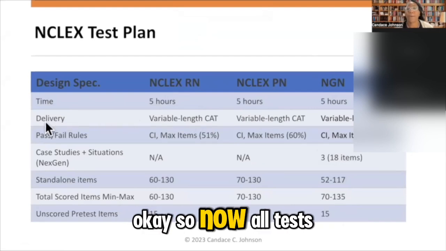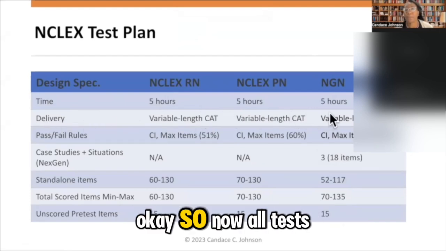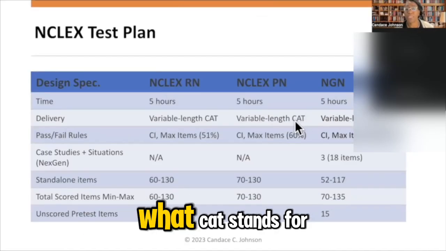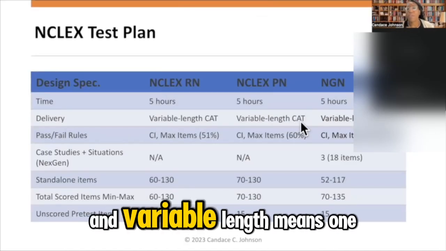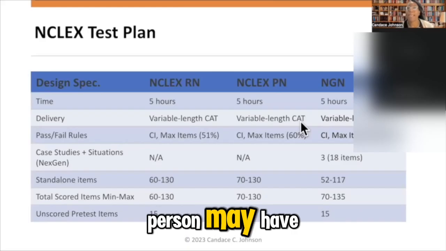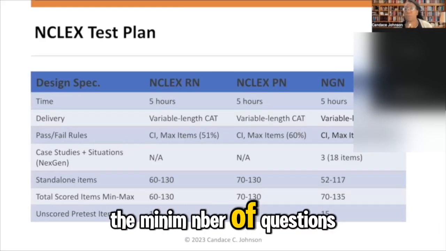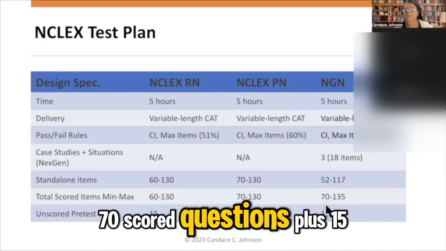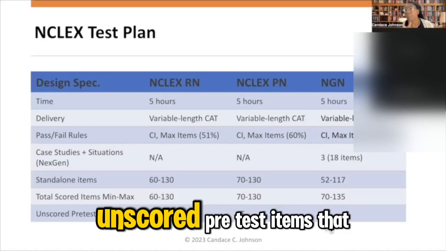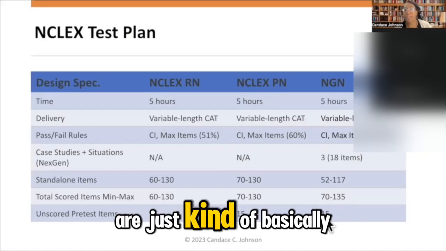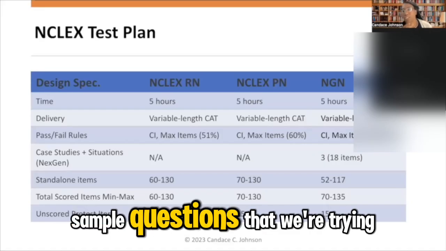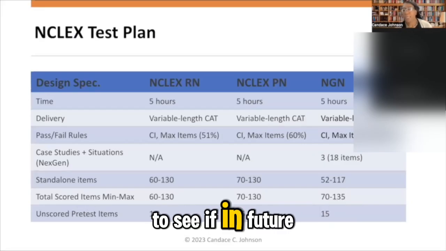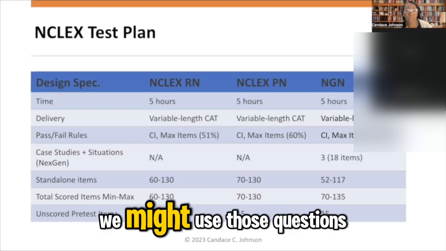Okay, so now all tests are both still variable length computer adaptive technology. That's what CAT stands for. And variable length means one person may have the minimum number of questions, which is 85: 70 scored questions plus 15 unscored pretest items that are basically sample questions that we're trying out to see if in future NCLEXs we might use those questions.